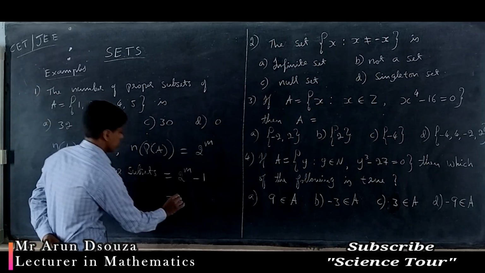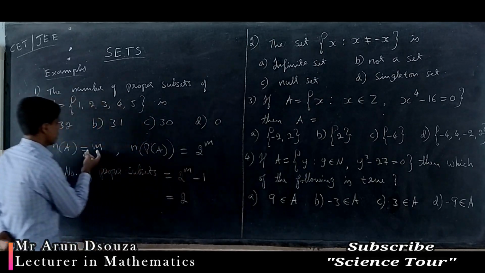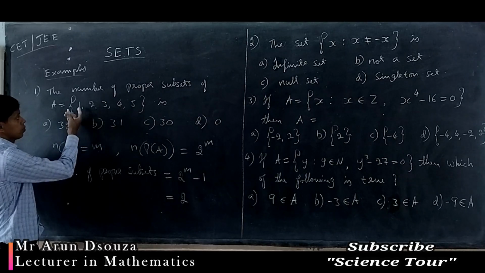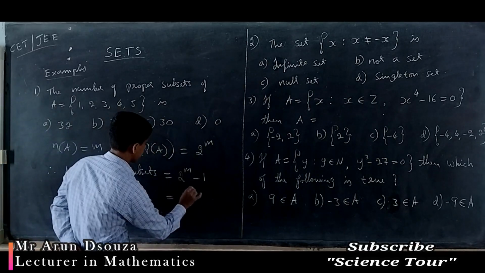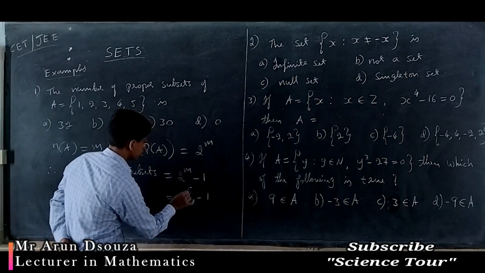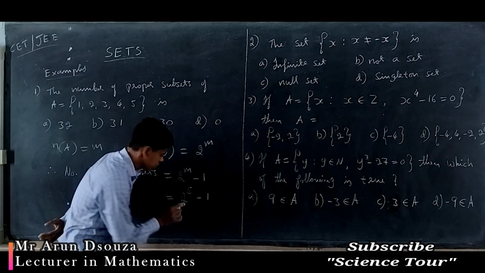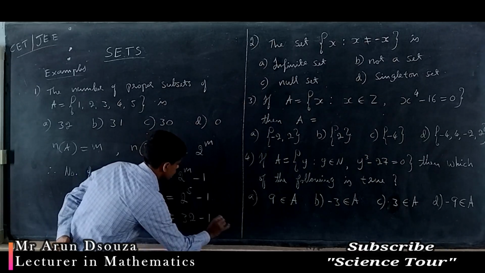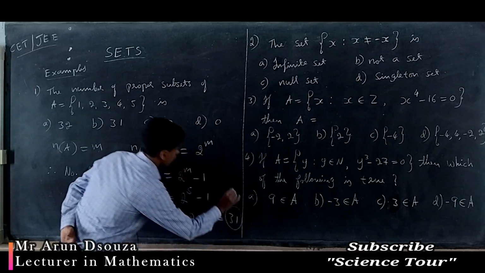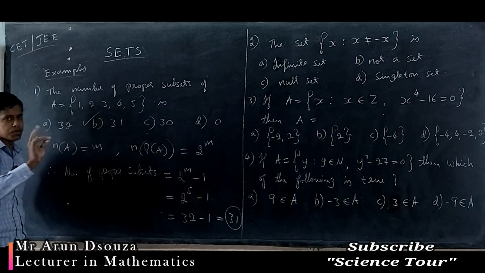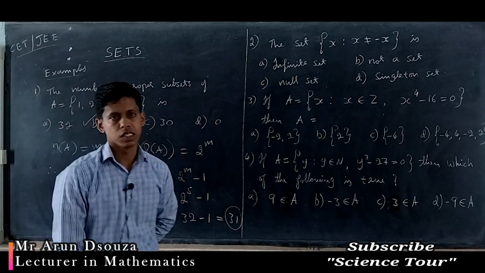Now what is m? Number of elements of A. Number of elements are 5. So what is 2 raised to 5? 2 into 2 into 2 into 2, 5 times, is 32, minus 1, which is 31. So 31, option B is the right choice.